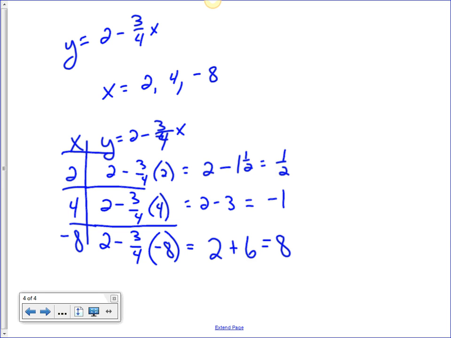Okay, I'm going to give you one more, and I want you to try it. So if I had 2x plus y equals 7, go ahead and pause it, solve for y.